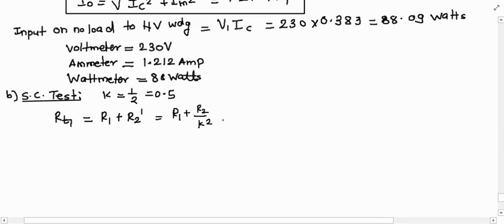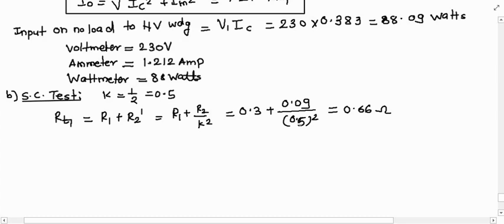So I will write this as 0.3 plus 0.09 divided by 0.5 whole square. So you will get this as 0.66.